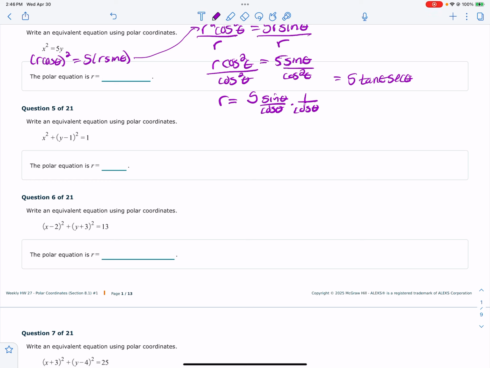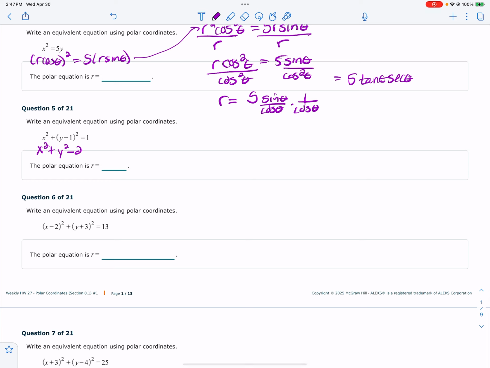I may have to backtrack on this, but let me just try it. If I multiply out the y minus 1, y squared minus 2y plus 1 equals 0. I just FOILed. And I don't know why I said equals 0. It equals 1.